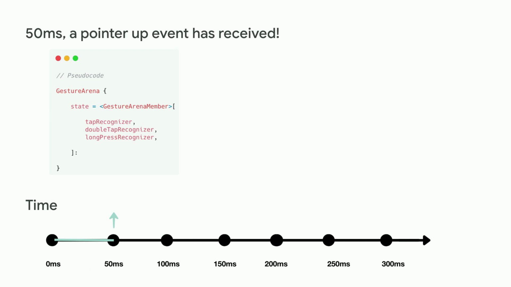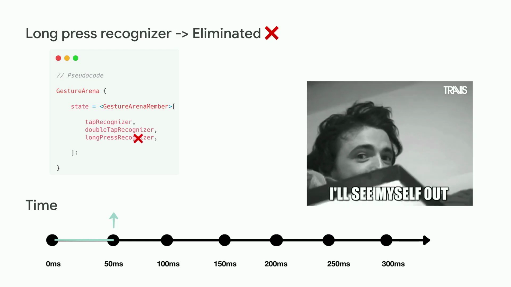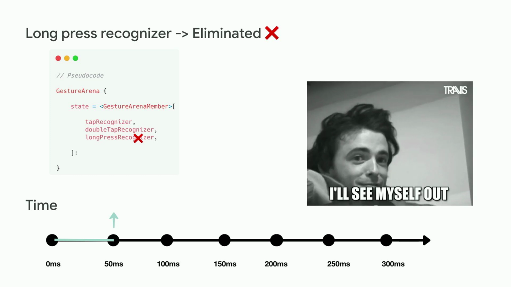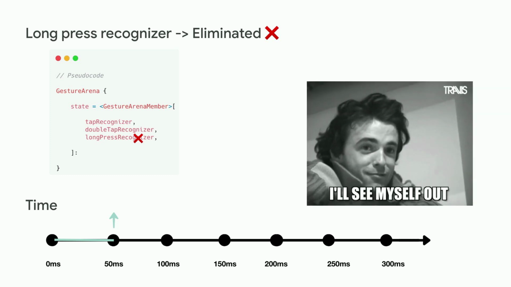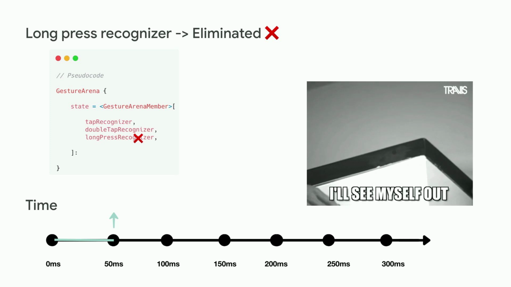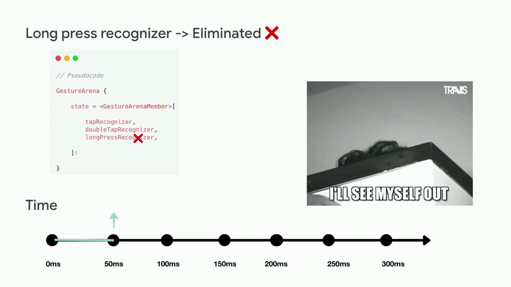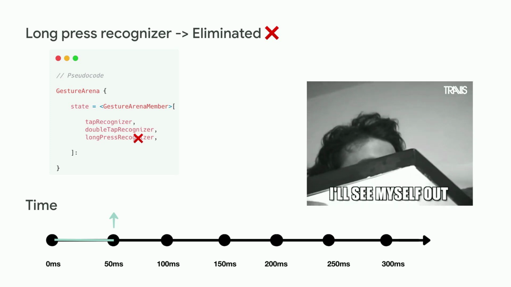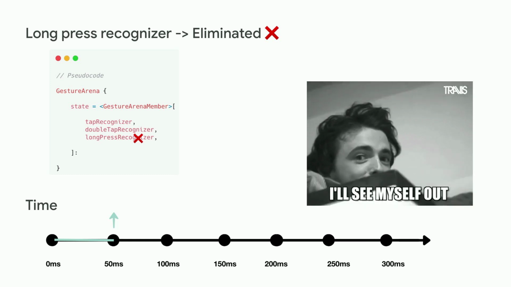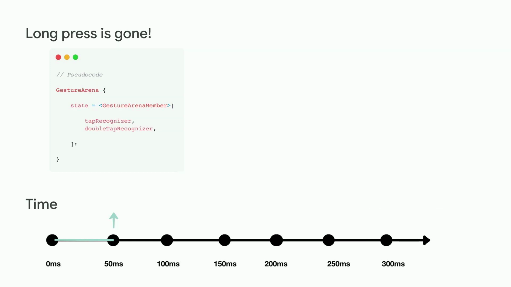But around 50 milliseconds, we get a pointer up event, which means the user just lifted their finger, and this will eliminate the long press recognizer. It will be like, nah, it's just too early for me. Normally, the long press recognizer would wait up to 500 milliseconds to say, yeah, it's definitely a long press. Now it's just too short, so it leaves the arena. Now we have the tap recognizer and the double tap recognizer in the arena. And let's say nothing has happened until 300 milliseconds.